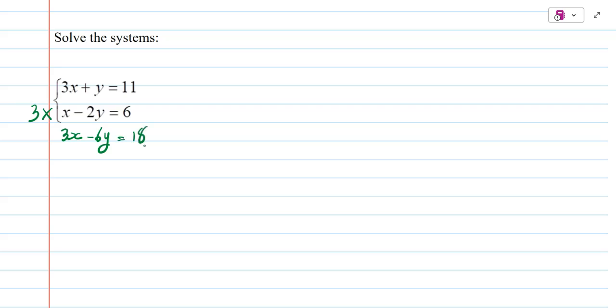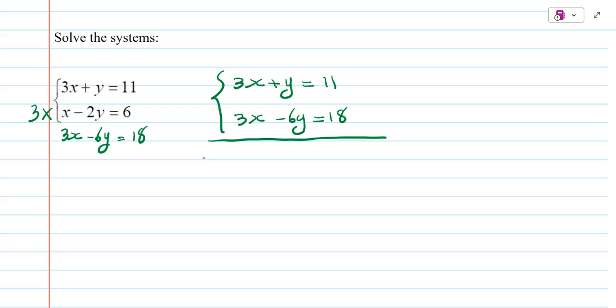So I multiplied 3 right through the second equation, and now I have the new set of equations: 3x plus y equals 11, and then the bottom one, 3x minus 6y is equal to 18. And now I'll go ahead and subtract.